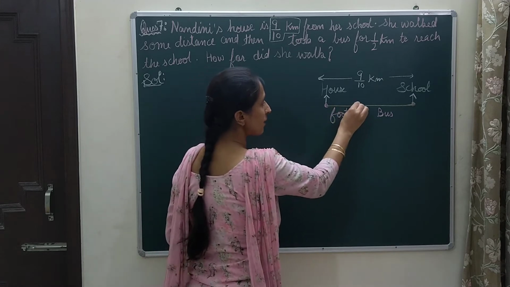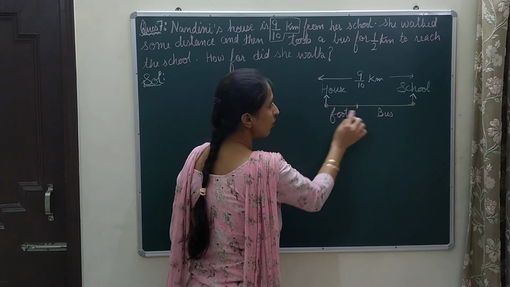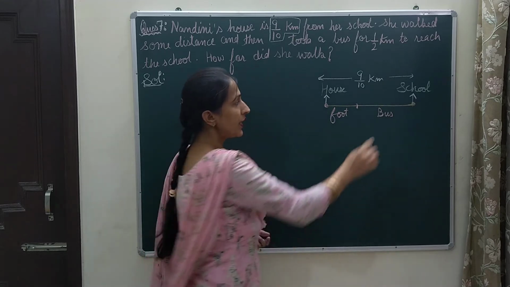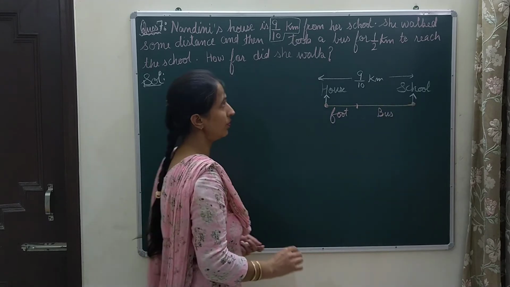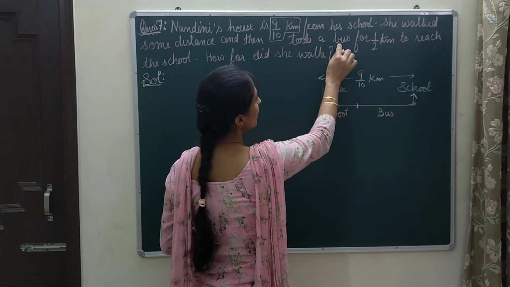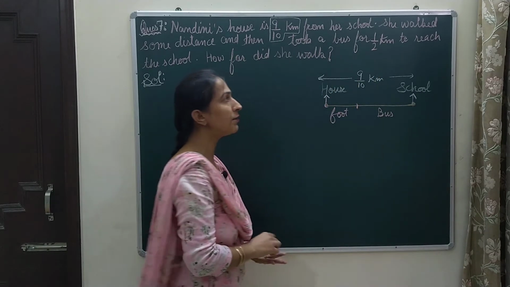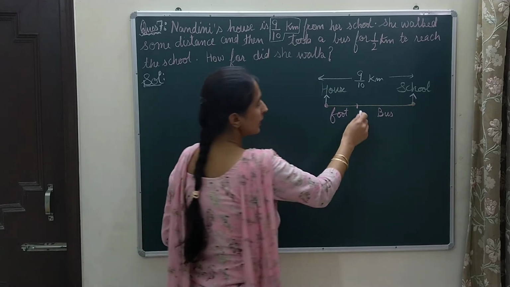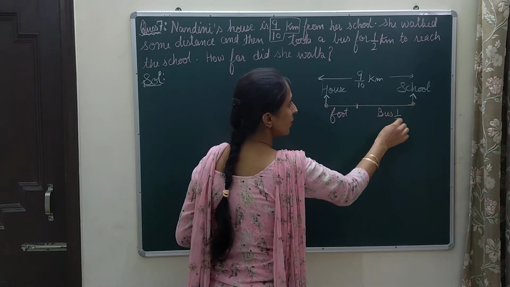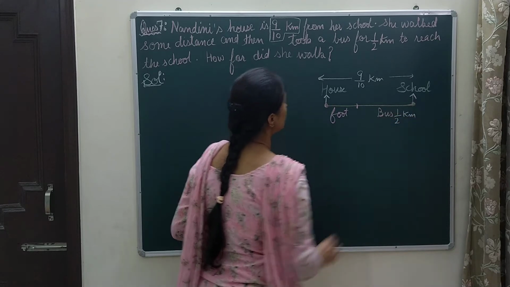So some distance she has traveled on foot and the rest she traveled by bus in order to reach her school. And we are also given that she took the bus for 1 by 2 kilometers. The distance she covered by bus is 1 by 2 kilometers.